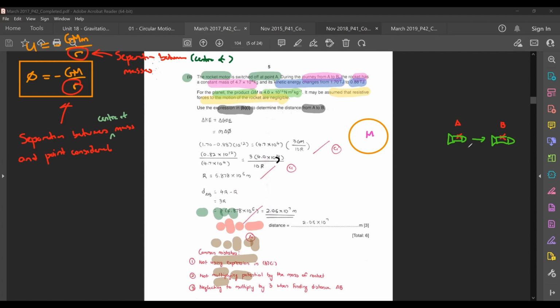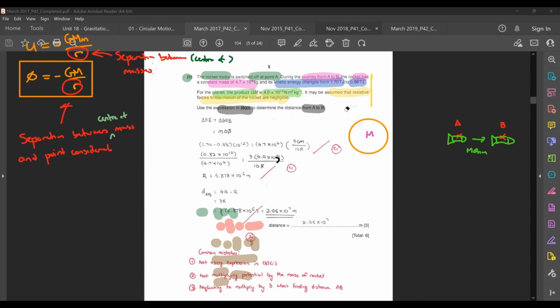So what do you suppose would happen as it moves from A to B? Now, in the first place, when the rocket is at position A or position B, it will experience a gravitational force towards the planet. Okay, because your rocket is by right still under the gravitational field of the main planet, the main mass, it should experience a gravitational force towards the main mass.